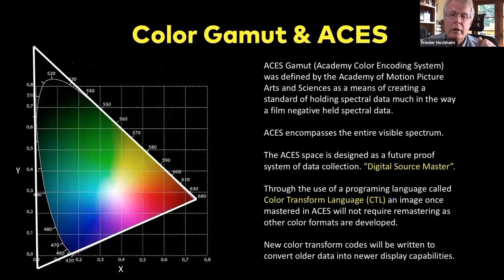So as we move into the future, we're using this digital source master. That means that all the things that you've done color timing wise, if it is done through ACES, all that digital data that defines how the film has been timed and mastered, the intent of the cinematographer is now basically locked into this data file.